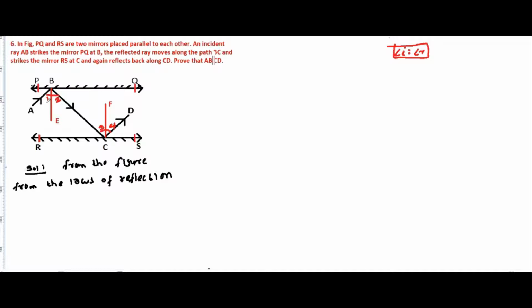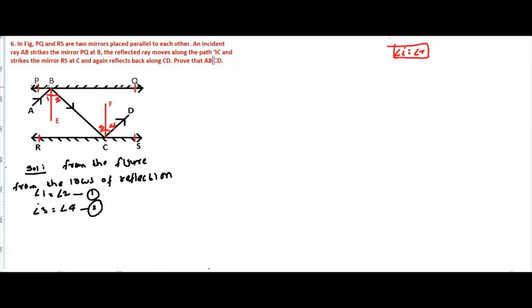Angle 1 is the angle of incidence, and angle 2 is the angle of reflection. So we can write angle 1 equals angle 2. This is equation 1. Similarly, in this situation angle 3 equals angle 4 also. This is equation 2.